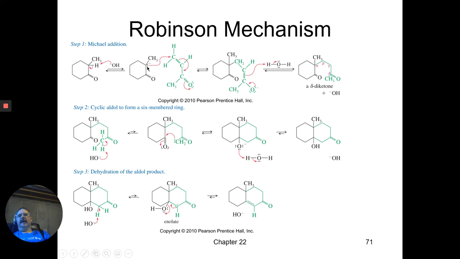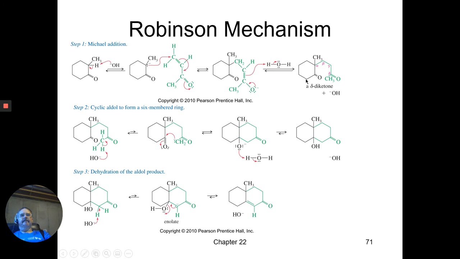The enolate anion then attacks the beta position here. That pushes electrons up onto the oxygen. The alpha carbon gets protonated when oxygen pushes down. So we've got this diketone.